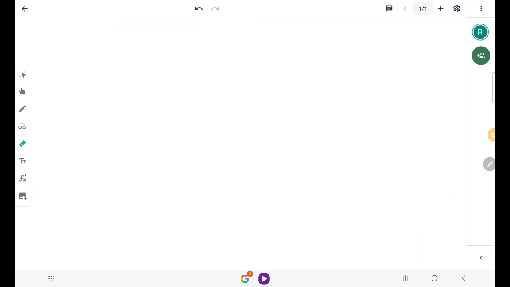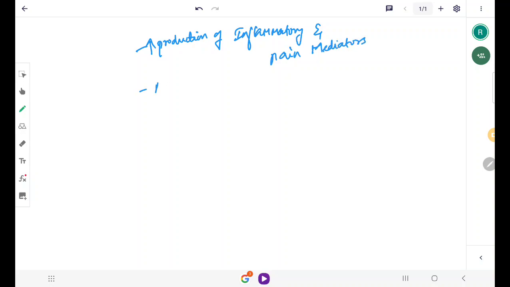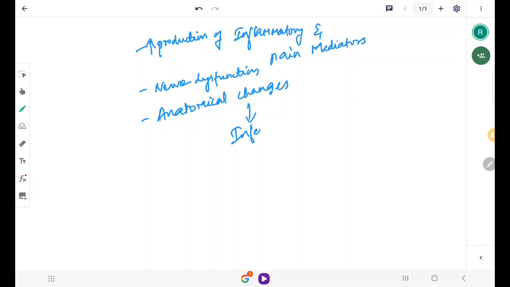As a result, there is increased production of inflammatory and pain mediators, nerve dysfunction and anatomical changes, and finally it causes infertility.